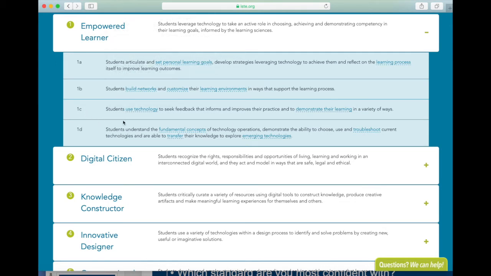So, for example, 1C, students use technology to seek feedback that informs and improves their practice and to demonstrate their learning in a variety of ways. So what you're going to do, be thinking about each one of these standards because throughout this course, you'll be asked to refer to them when you're planning your lessons and other things.